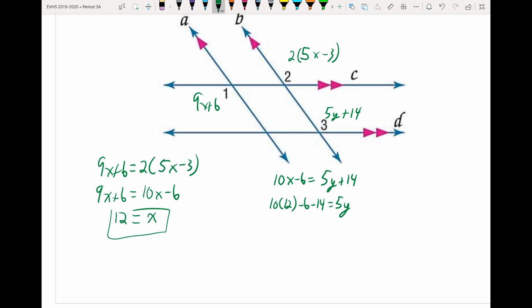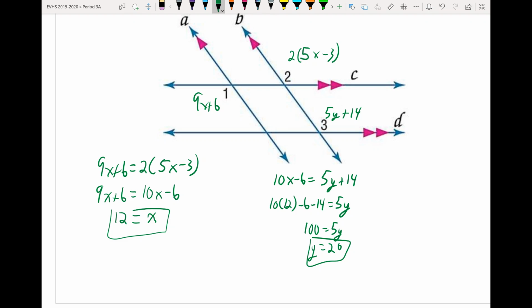What do we got, y'all? 120. 120 minus 6. 114 minus 14. 100 equals 5y, which gives me that y is equal to 20. Okay, neither of those were too difficult.